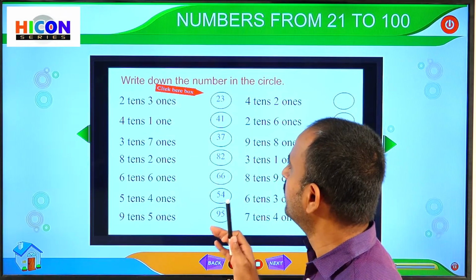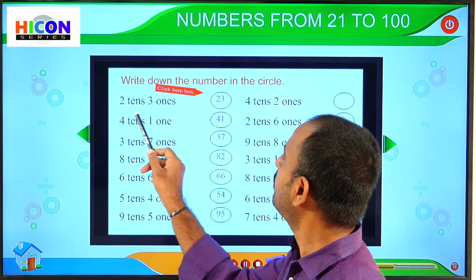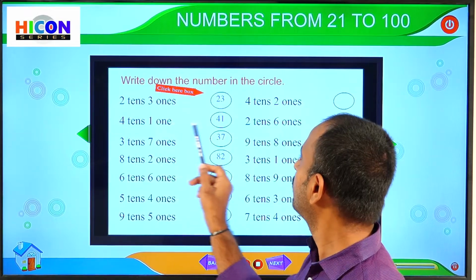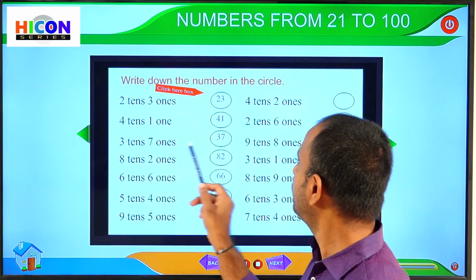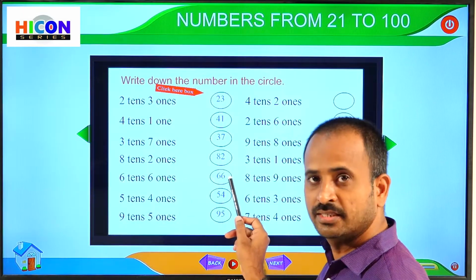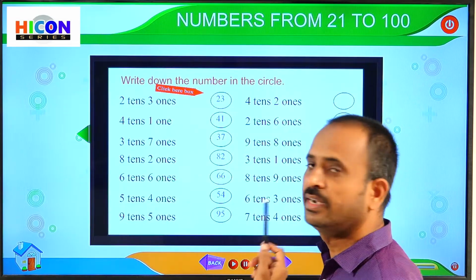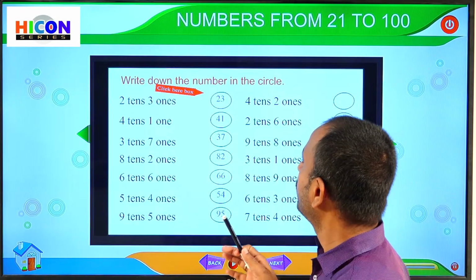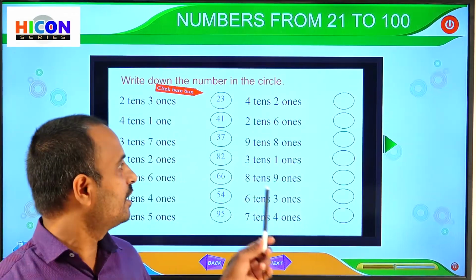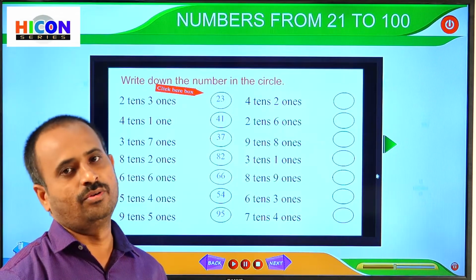So children, in this way, we just have to remove these tens and ones and combine these digits. 2, 3, 23. 4, 1, 41. 3, 7, 37. 8, 2, 82. 6, 6, 66. 5, 4, 54. 9, 5, 95. So children, in this way, you can practice these problems. There are some more problems here, and practice these remaining problems at your home in your notebook.